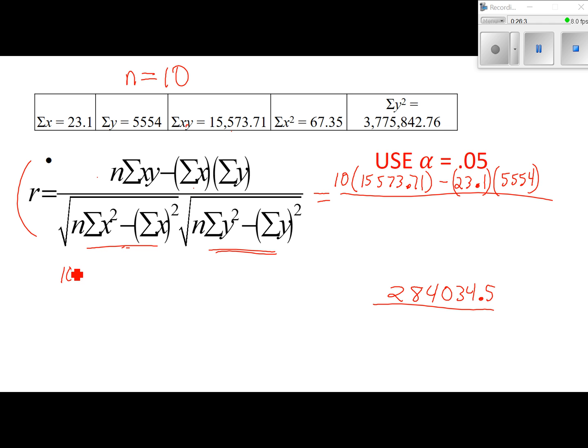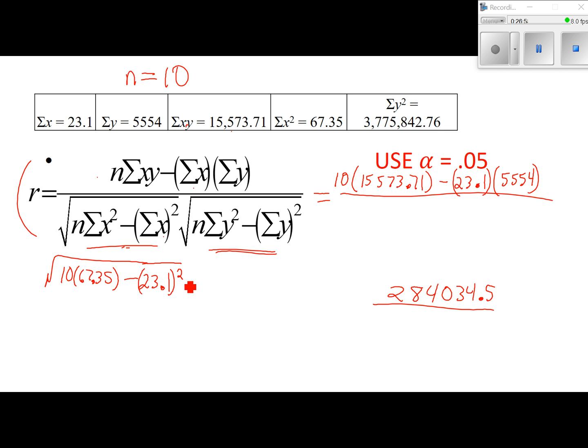So n is 10. This is the square root of all this. 10 times the sum of all the x squared, which is 67.35, minus the sum of all the x's and then square it. So we got to take that 23.1 and we're going to square that.